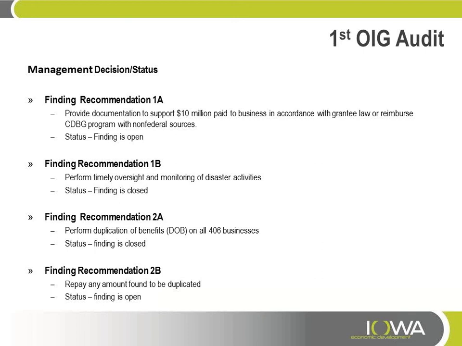But more specifically, on our market rate lease analysis, what they found was that we did not provide guidance to our subgrantees on how to do a market rate lease analysis and how to look for identity of interest issues.